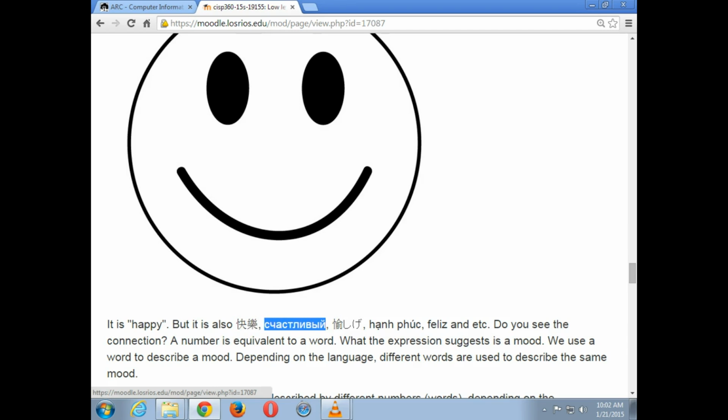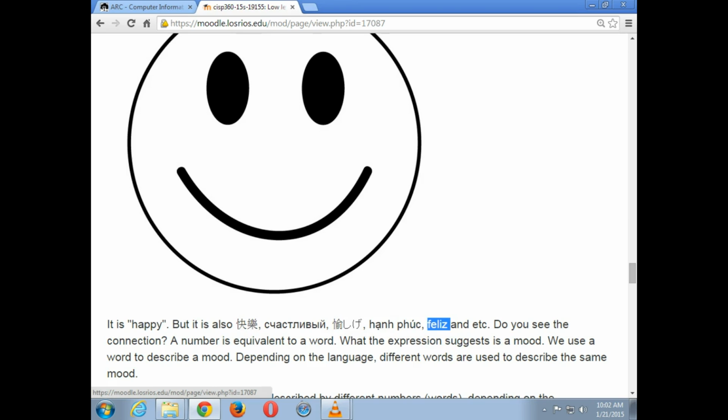You can refer to it as this, which is Russian. You can refer to it as this, which is Japanese. You can refer to it as this, which is Vietnamese, and Spanish.